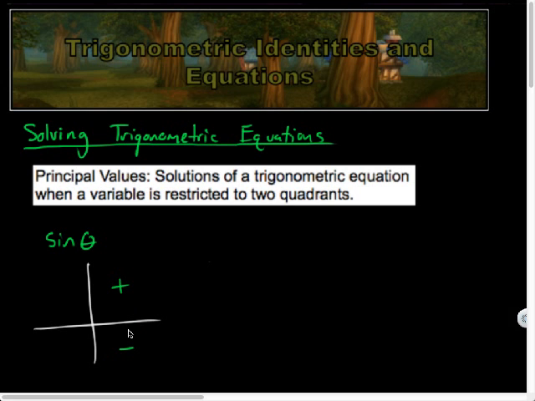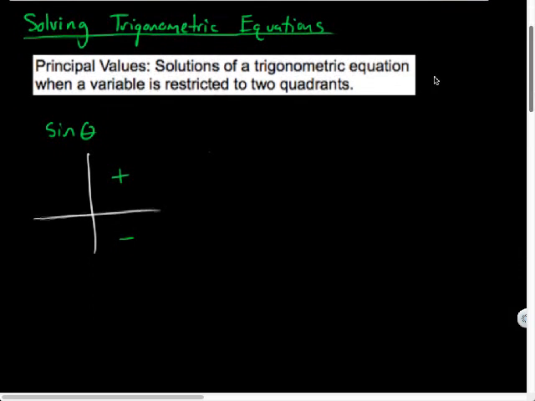Its full range will have been explored within that domain. So the principal values for sine go from negative 90 degrees less than or equal to x less than or equal to 90 degrees.